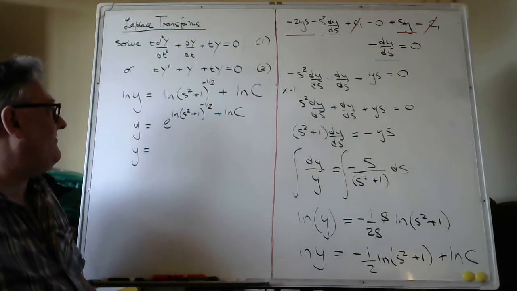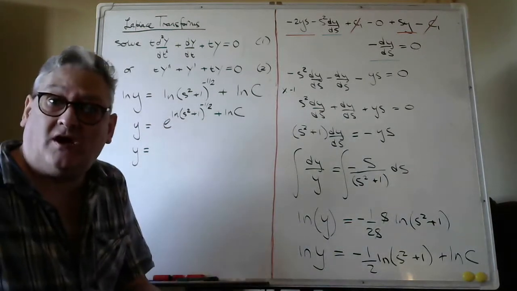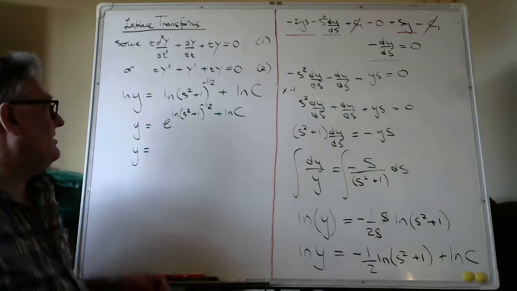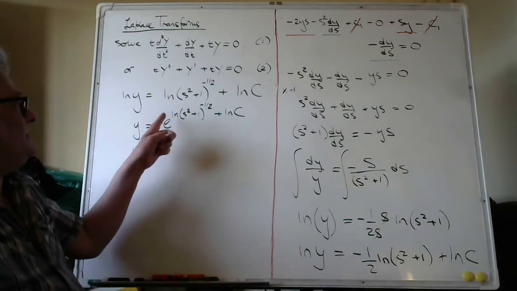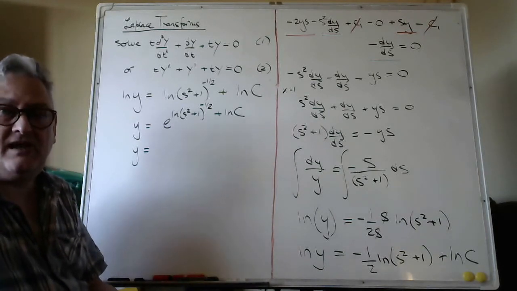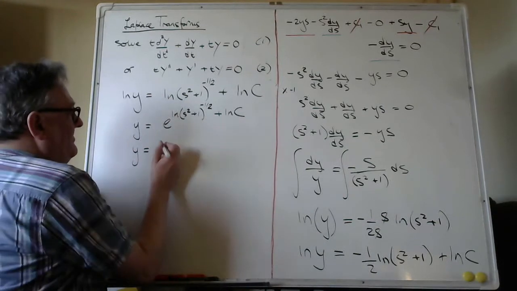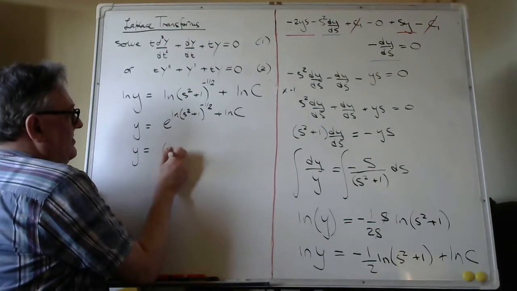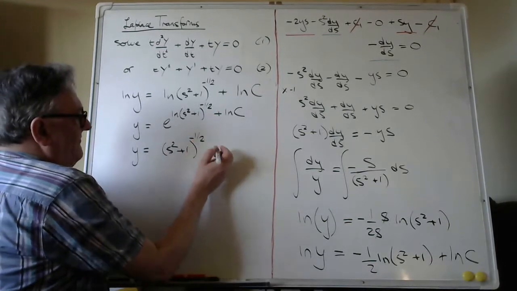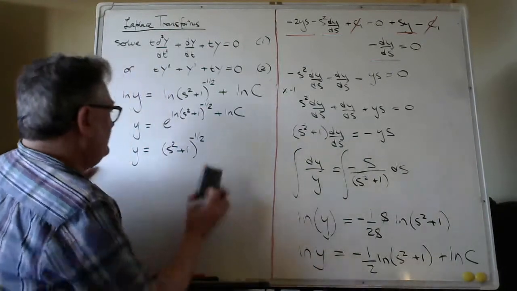If you have the exponential of a logarithm of 1400, then the answer is just 1400. So the exponential of a logarithm of, say, x is just x. So in this case, the exponential of this logarithm is just s squared plus 1 to the power minus a half.